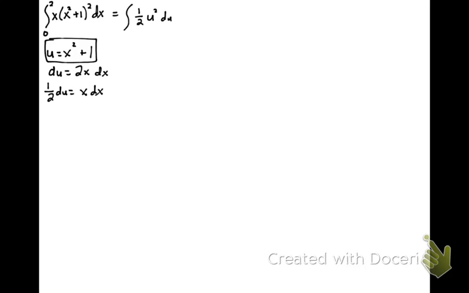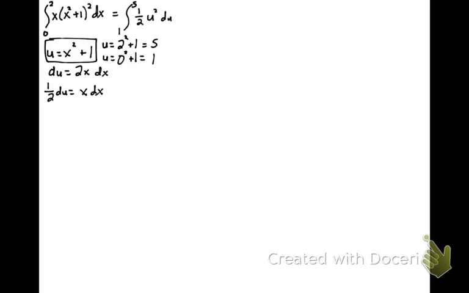So let's start with the upper limit of integration. It's currently 2, and it's in terms of x. What does u equal when x is 2? Well, u equals 5. And when I check my lower limit of integration, in this case 0, what does u equal when x is 0? u equals 1. So in terms of u, I'm integrating from 1 to 5.